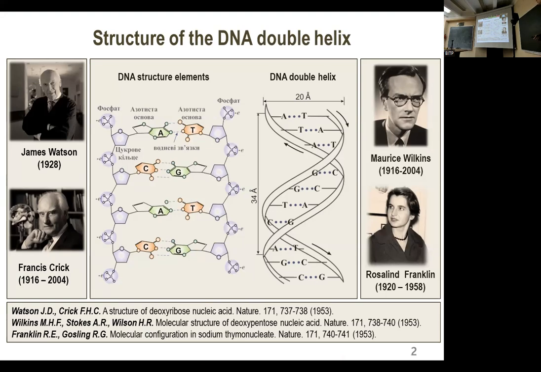It gives special features that are very important for the biological functioning of DNA. And this structure was discovered by James Watson and Francis Crick, and they used experimental results by Maurice Wilkins and Rosalind Franklin.